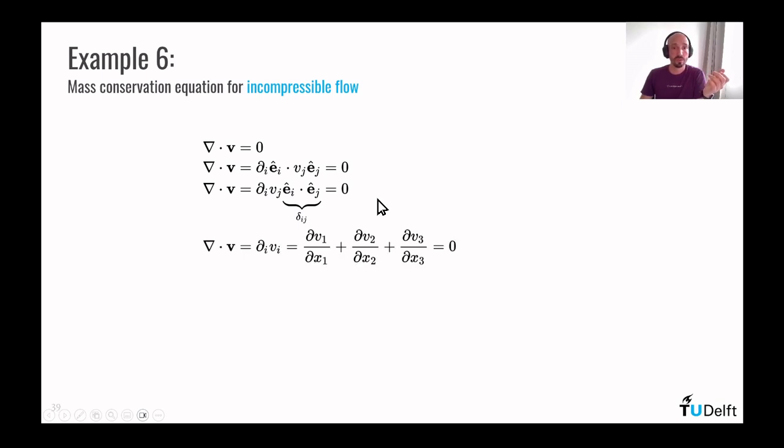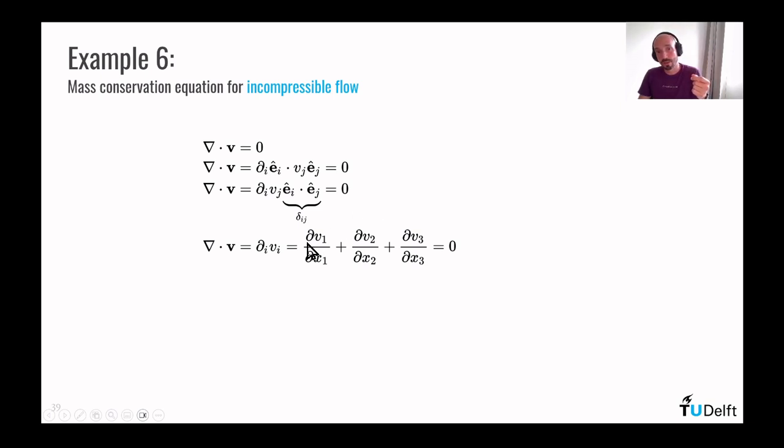Using Einstein notation, the divergence of the velocity vector can be written like this: del sub i v sub i, which implies summation over the subindex i.